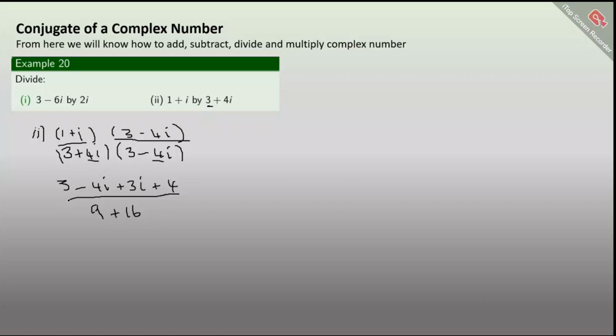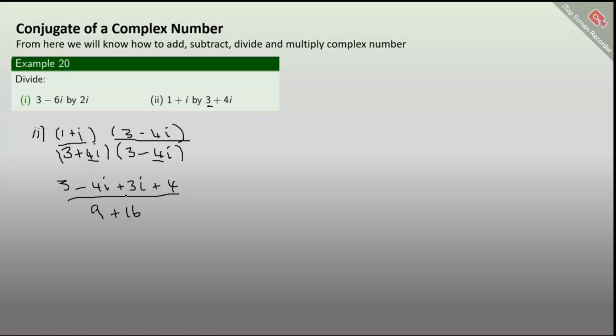You know how to collect the like terms. Let's talk about the addition. You don't add the real part plus the imaginary part. You can't add 2x plus y. So this one, 3 minus 4, nothing is going to happen.